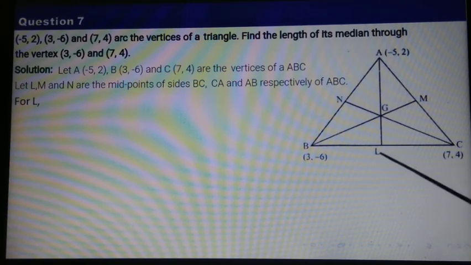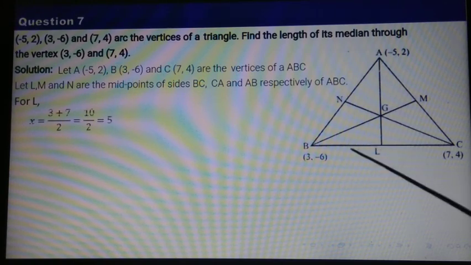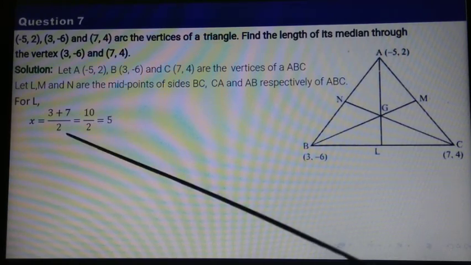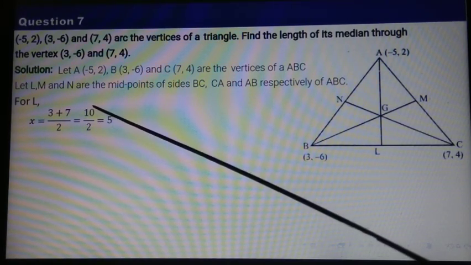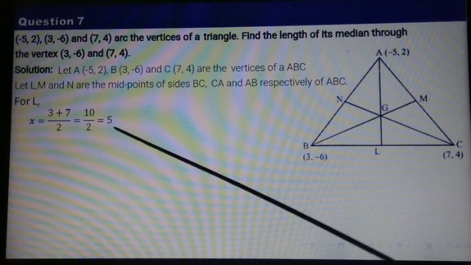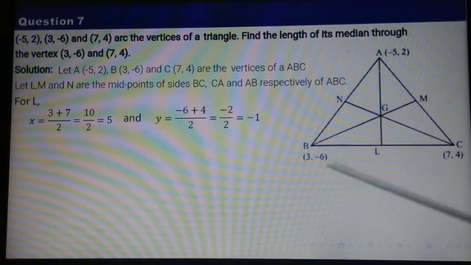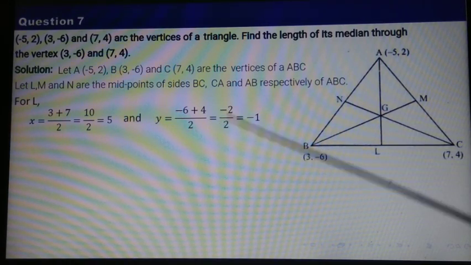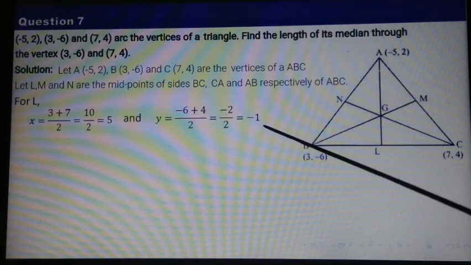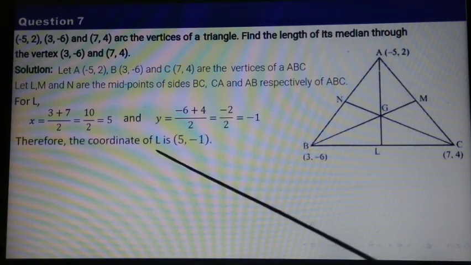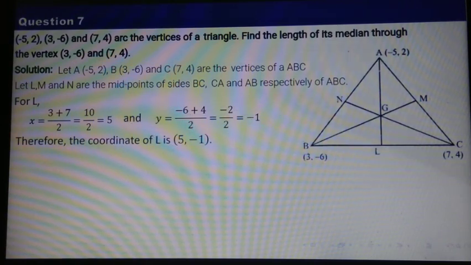Okay, so if I call the coordinate of this to be x, y, then this x will be equals to x1 plus x2, that is 3 plus 7 by 2, right? Which turns out to be 10 by 2, which is 5. So x is 5 and similarly y will be equals to y1 plus y2, that is minus 6 plus 4 whole divided by 2, which turns out to be minus 1. So both x and y are found, that is the coordinate of L will be 5, minus 1.